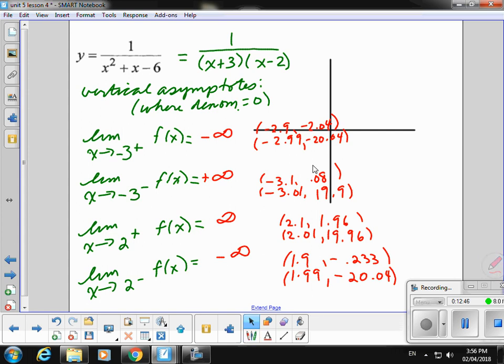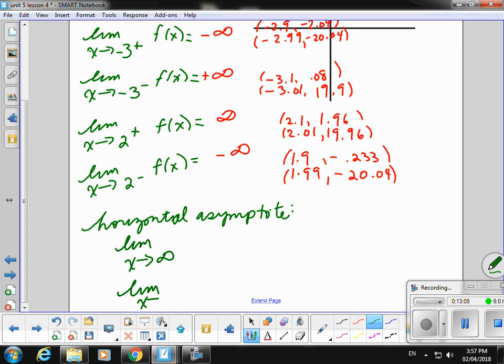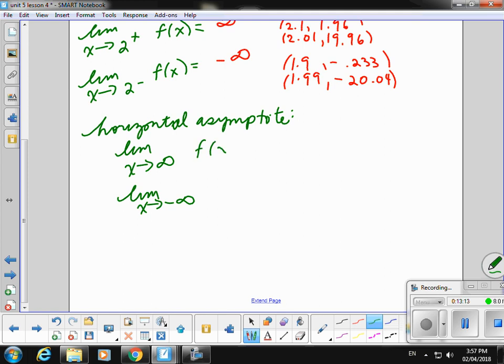Horizontal asymptote. We are looking at the limit as x approaches infinity and the limit as x approaches negative infinity. And still to this point, we've got just an intuitive idea of what would be going on if x were huge.